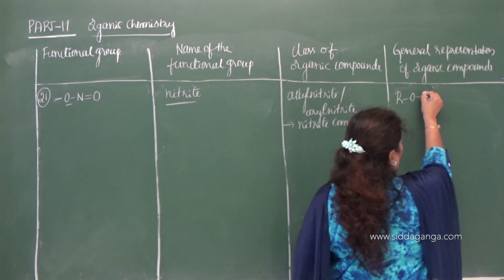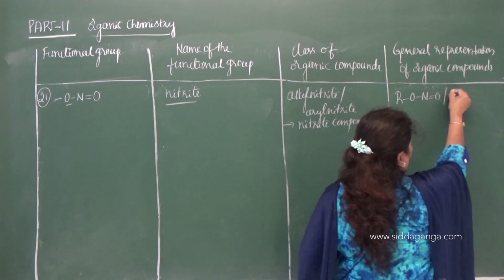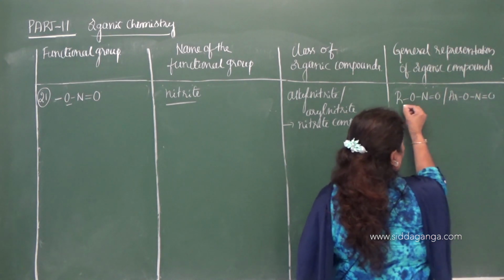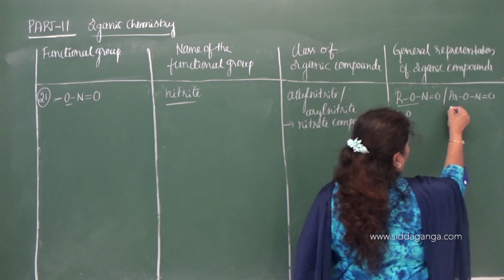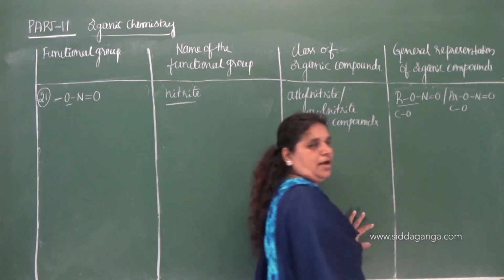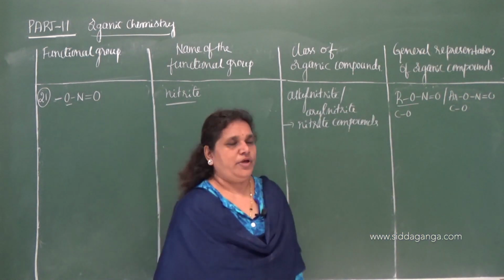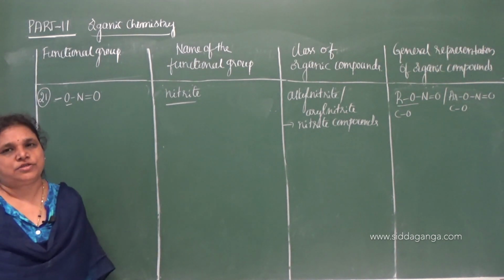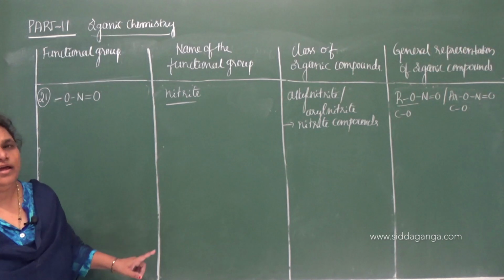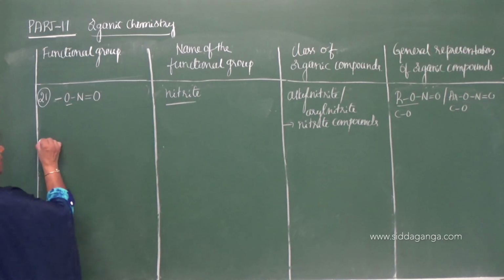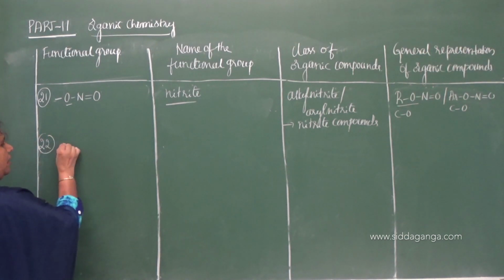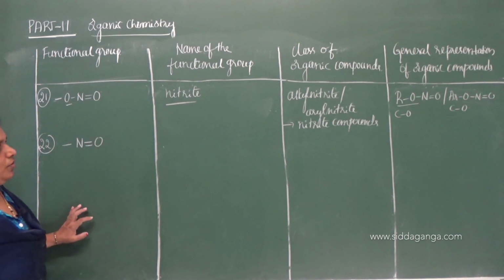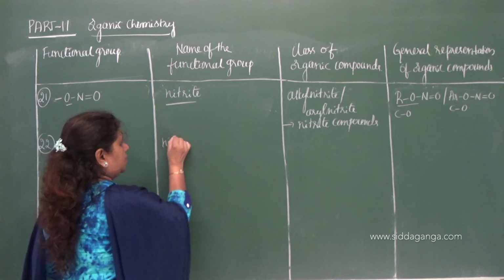Then how to name this? RON double bond O, ArON double bond O, and here we have a carbon to oxygen bond. In the case of nitroalkanes, we get a carbon to nitrogen bond, and here we have a carbon to oxygen bond in the case of alkyl nitrite. And the next one is N double bond O. So this is nitroso.